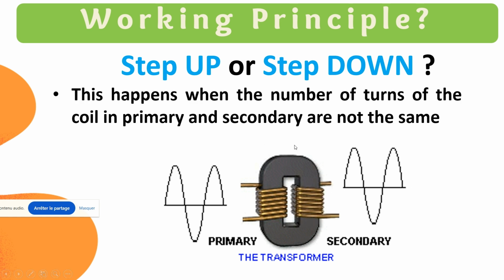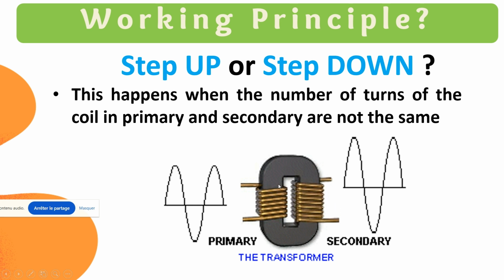This happens when the number of turns of the coil in primary and secondary are not the same. That means if I have here 10 turns, for example, and here 3 turns, or 20 turns, that will induce a different voltage from the input.